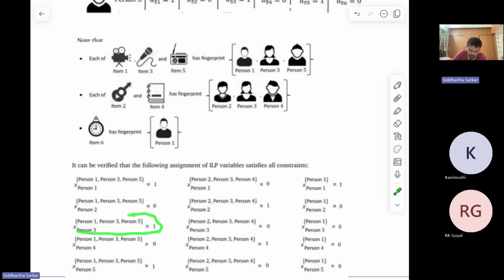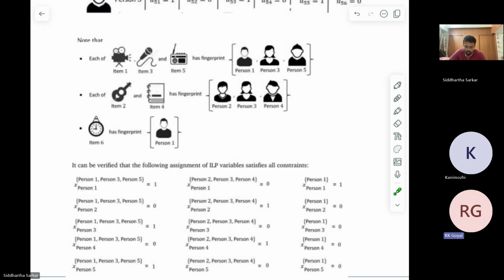Person 3 again receives one such item from this pool. Person 4 doesn't receive it. Person 5 receives one item. But which item is not explicit from these equations. Person 1 gets one of these three items, but which is not explicit. Person 3 gets one of the items, but which of these three is not explicit, and the same is for person 5.